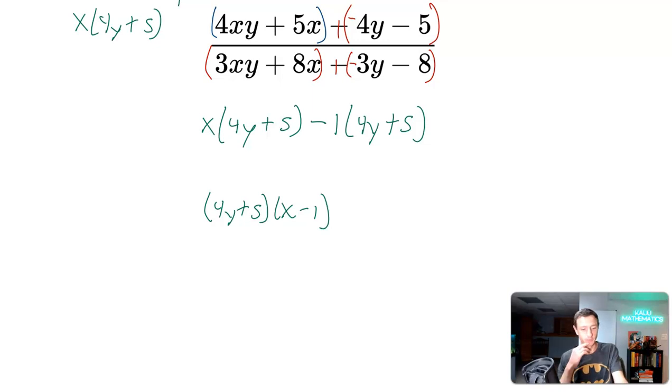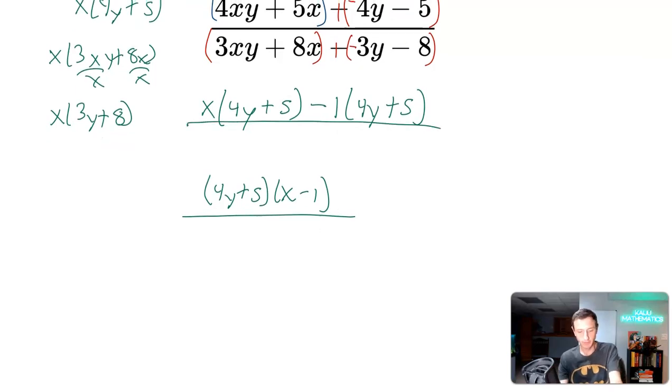So let's check this. On the bottom, I could take out an x from 3xy plus 8x. So I factor out an x, dividing both terms by x, so it's going to be x times 3y plus 8.